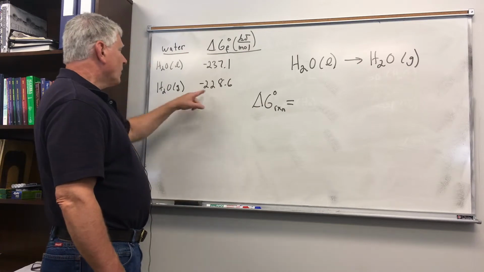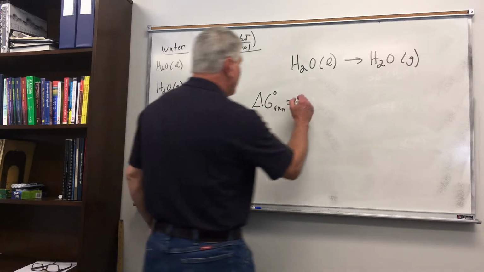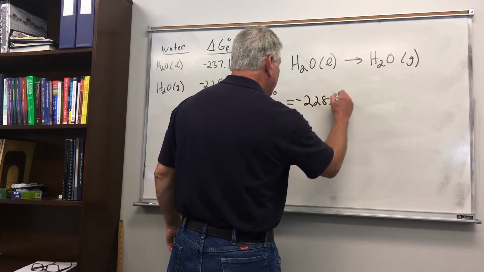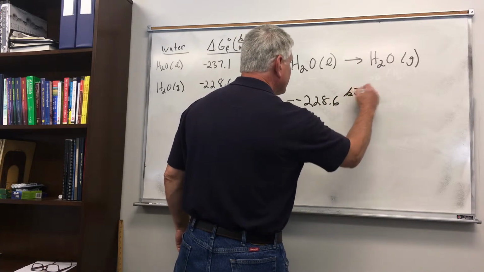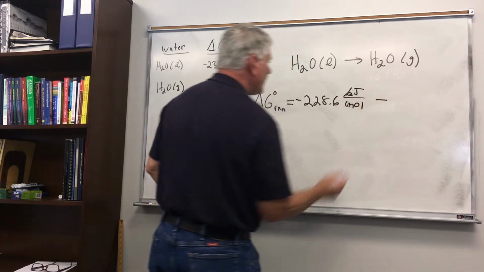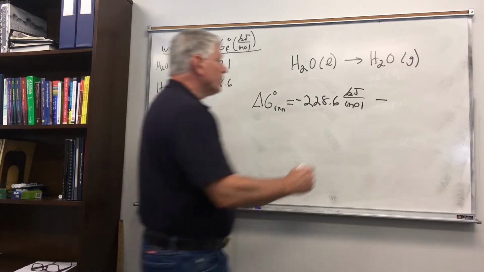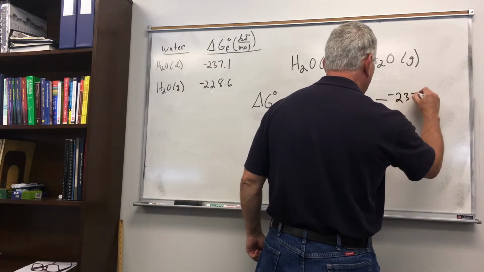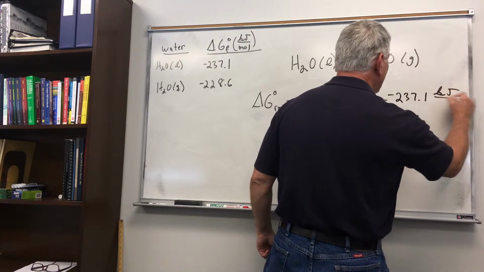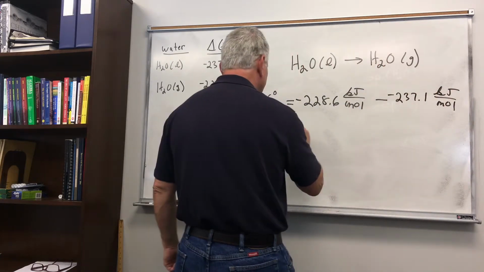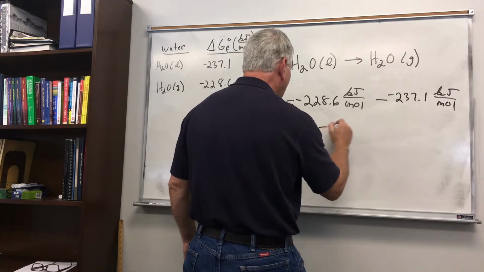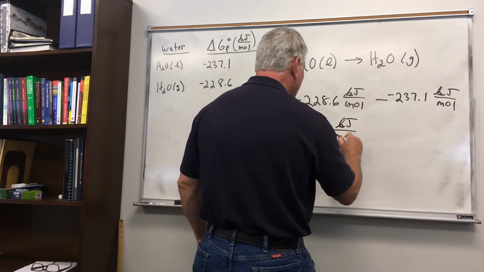So water in the gas phase, minus 228.6 kilojoules per mole, minus water in the liquid phase, minus 237.1 kilojoules per mole. So this is equal to 8.5 kilojoules per mole.